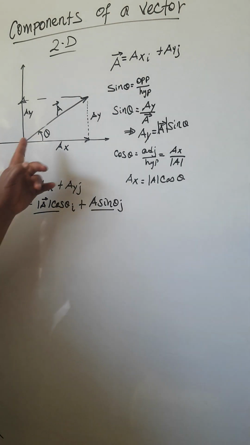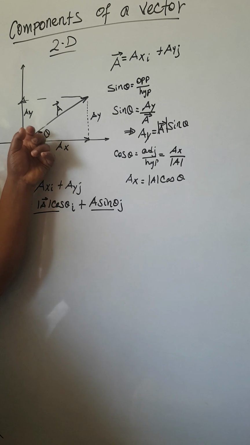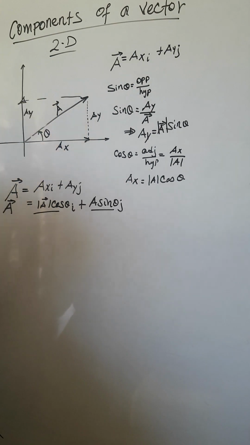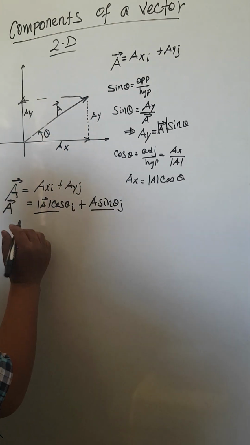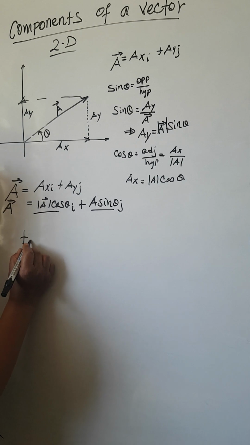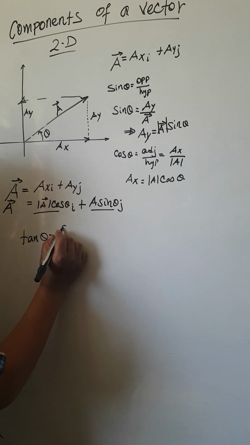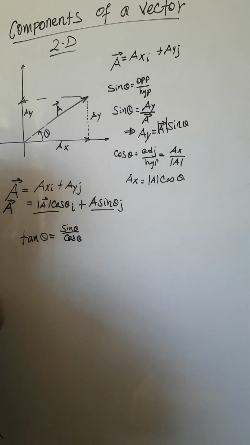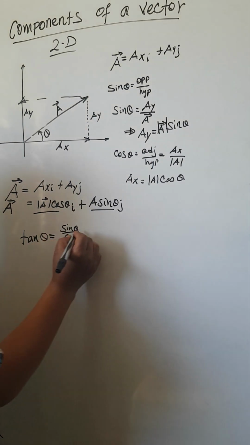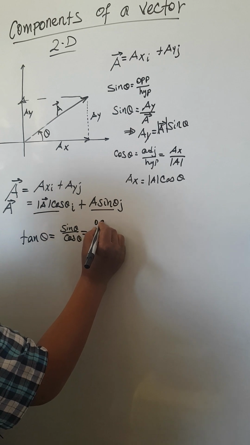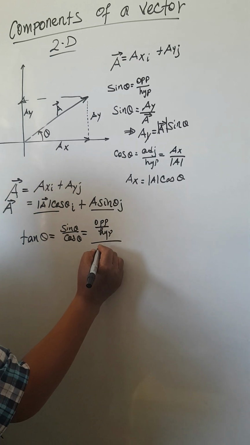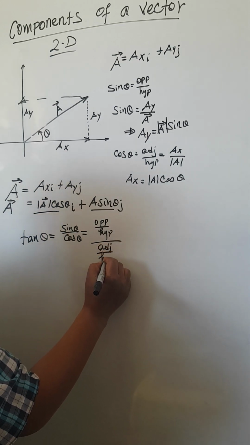Sometimes we may be supposed to determine the angle which it makes with either the positive x-axis or the y-axis. Here we have a third trigonometric function, which is the tangent. Tan theta is equal to sine theta over cosine theta, which is opposite over hypotenuse divided by adjacent over hypotenuse.